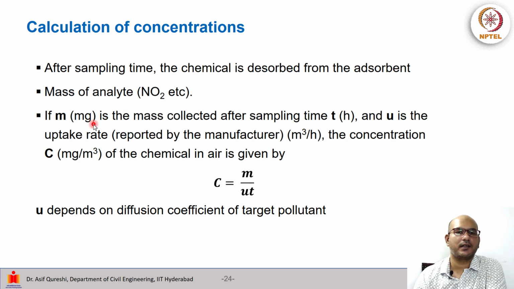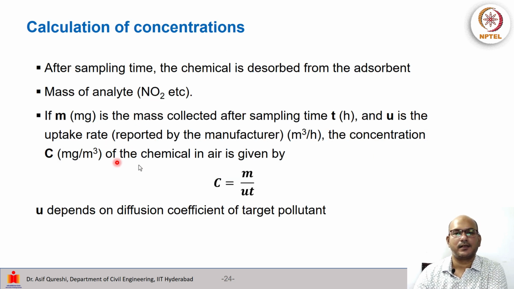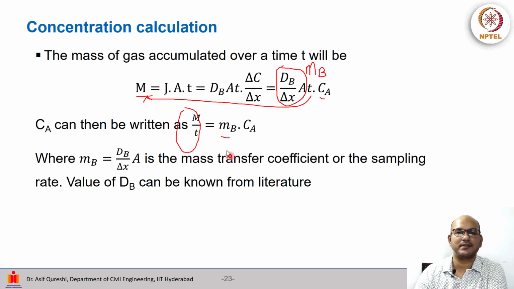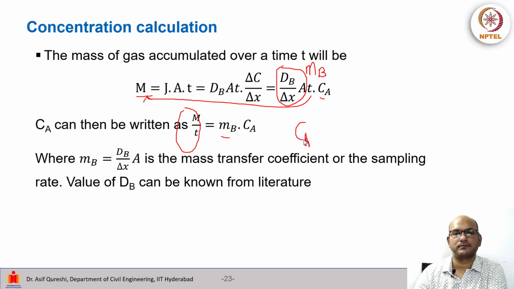So if M in milligram is the mass of the analyte collected after sampling time T in hours, and U is the uptake rate, which is reported by the manufacturer in meter cube per hour, so this will be our sampling rate or the mass transfer coefficient, which we just derived here. Then the concentration will be given by C equal to M by UT, which is exactly the same as this. If we rewrite this, we will have Ca equal to M by MB times T, capital M.